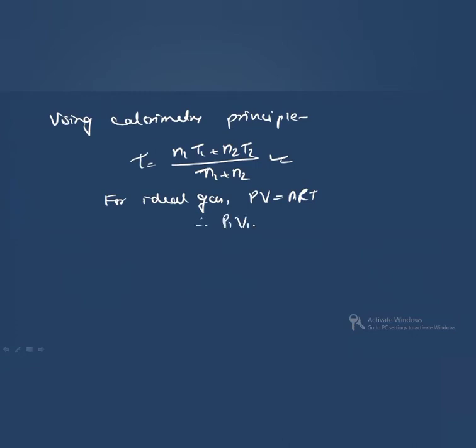Therefore, you can write P1 V1 equals N1 R T1, and from here N1 T1 equals P1 V1 by R. Is it clear? Similarly, N2 T2 equals P2 V2 by R.